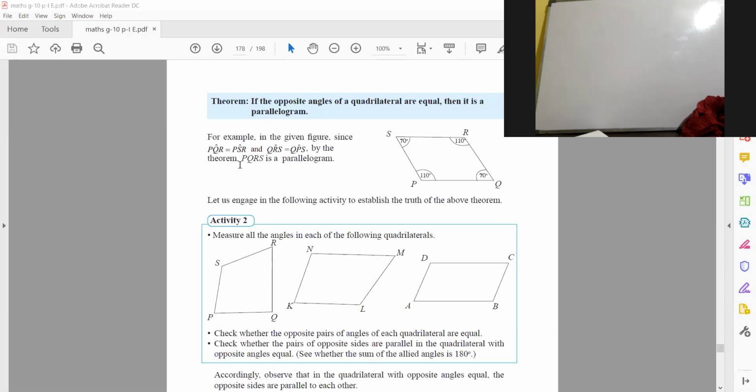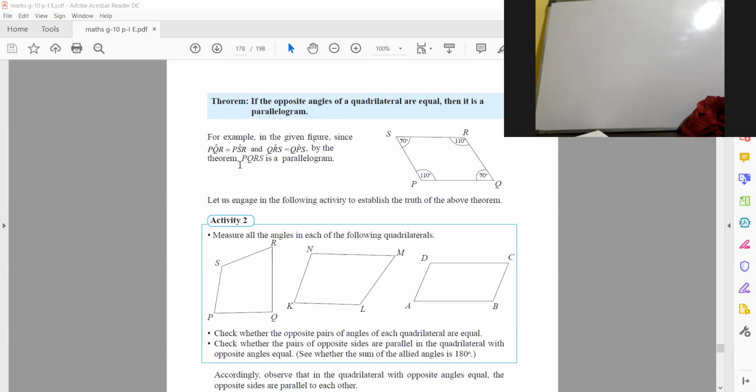The third is if the diagonals bisect each other in a quadrilateral, then it is a parallelogram. And the last one is if a pair of opposite sides are equal and parallel in a quadrilateral, then it's a parallelogram. These are the opposites of what we learned in the first lesson, right?